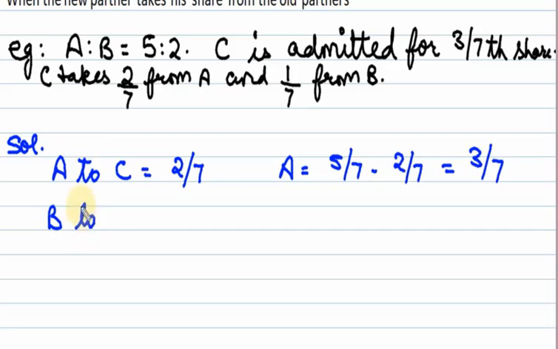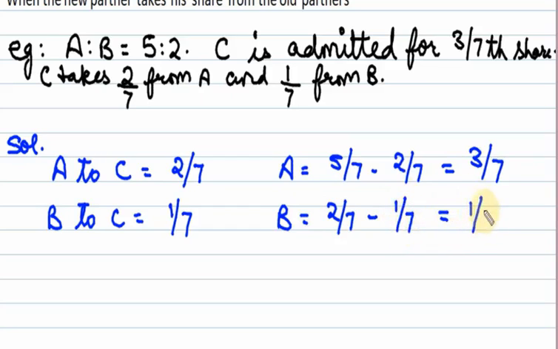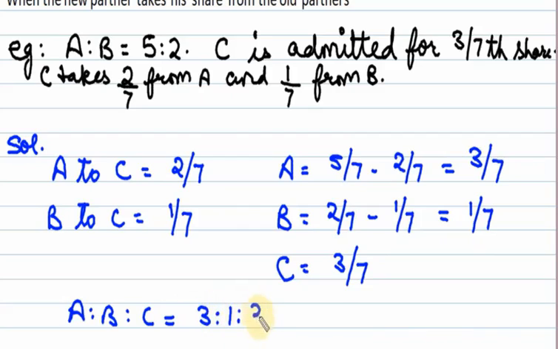Similarly, B gave 1/7 to C. So his share will be the old share, that was 2/7, minus the share that he gave to C, that is 1/7. So the new share will be 1/7. And we know that C is getting 3/7 share. So the new ratio will be A : B : C, that is 3:1:3.